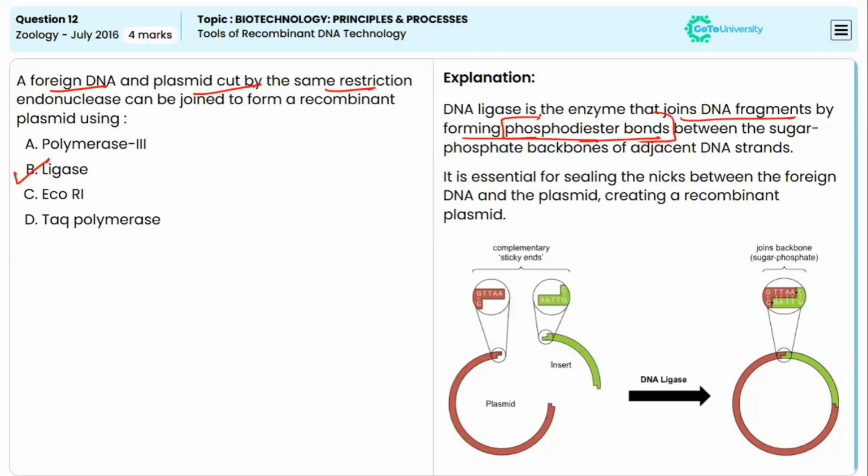Remember, this could be another question in the NEET exam. The bonds form between the sugar phosphate backbones of the adjacent DNA strands. It is essential for sealing the nicks between the foreign DNA and the plasmid, creating a recombinant plasmid. Here you can see they are forming phosphodiester bonds between the sugar phosphate backbones.